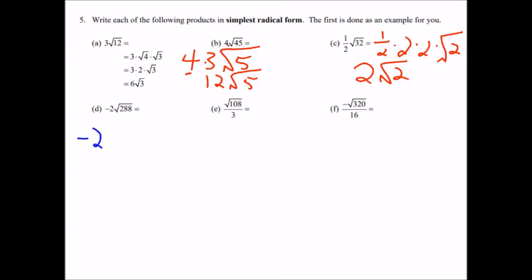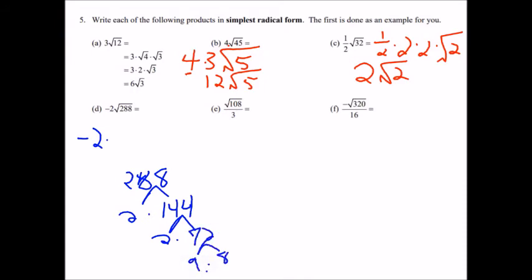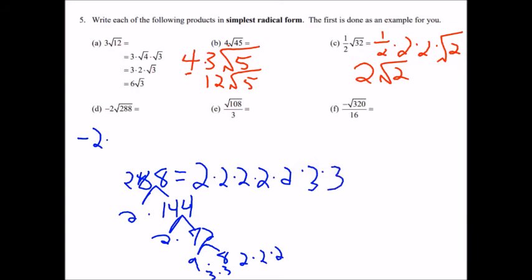We have negative 2 times and then 288. 2 times 144. 2 times, is that 72? 9 times 8. 9 is 3 times 3. 8 is 2 times 2 times 2. So we've got 5 total 2's and 2 3's.